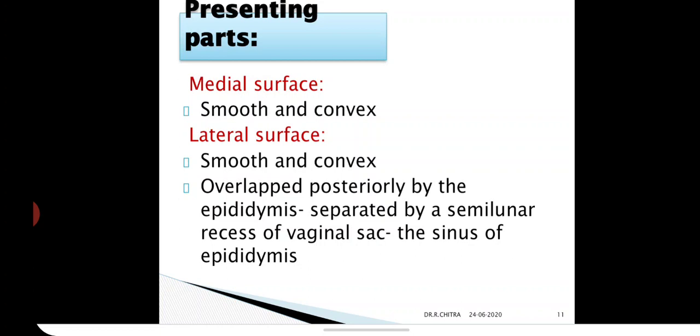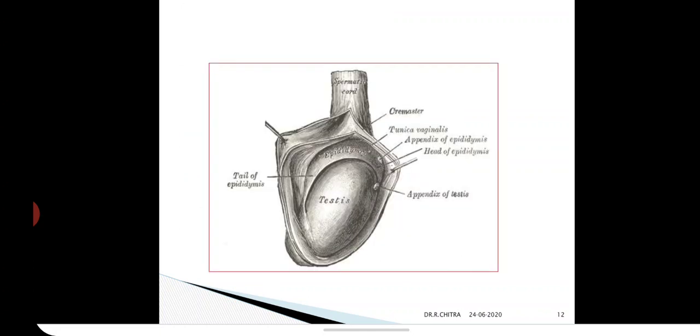The upper end will be obvious, as it has the head of the epididymis. Then for the medial and lateral surface, you should identify this sinus of epididymis, then you should tell that side of the testis. In this you can see the testis which has the recess, so that will be called the lateral surface.